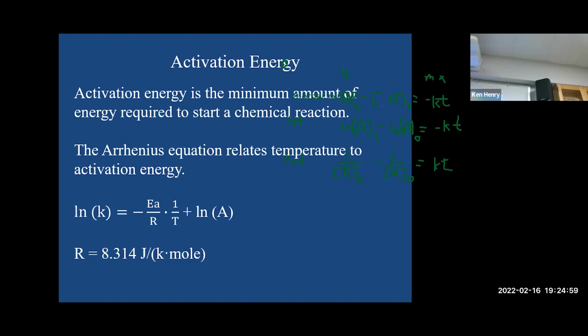Are you sure? If this is going to be kept constant, if it's E over T, it's E over T, right?